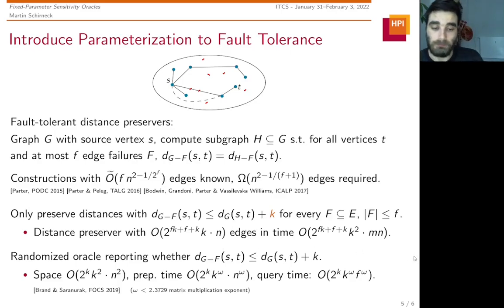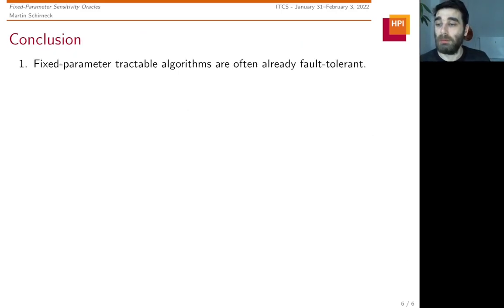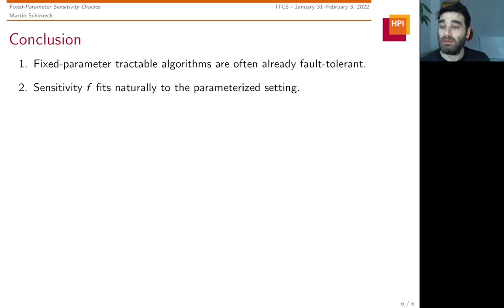So to wrap up, we observed that fixed-parameter tractable algorithms are often already fault tolerant or can be made so with only small changes. And the sensitivity f fits naturally to the parameterized setting.